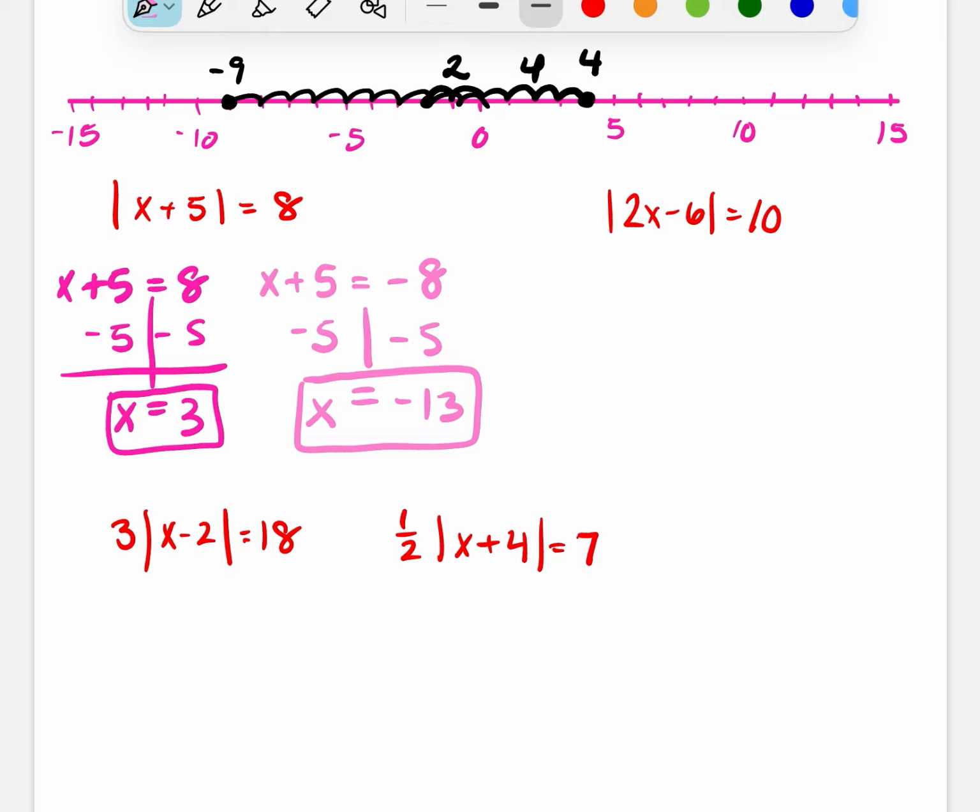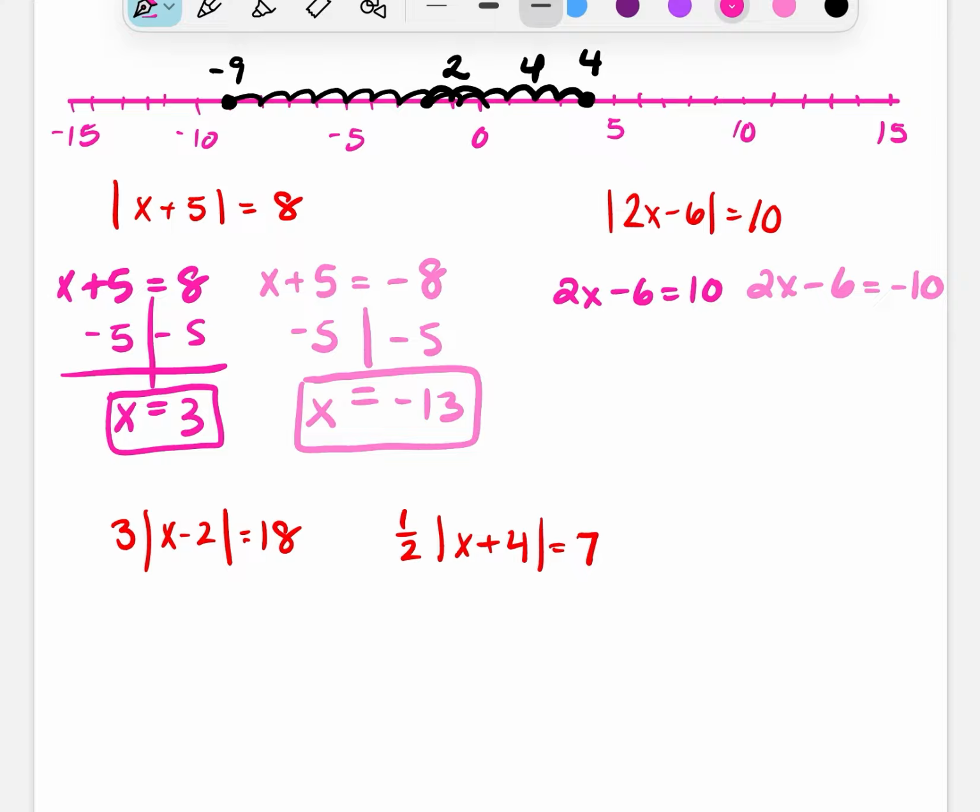So the second one here, the absolute value of 2x minus 6 is equal to 10. What that means is that 2x minus 6, the answer is 10 away from 0. And there are 2 options there. There's -10 and there's +10. So in the lighter pink, I'll have the negative version. In the darker pink, I'll have the positive version.